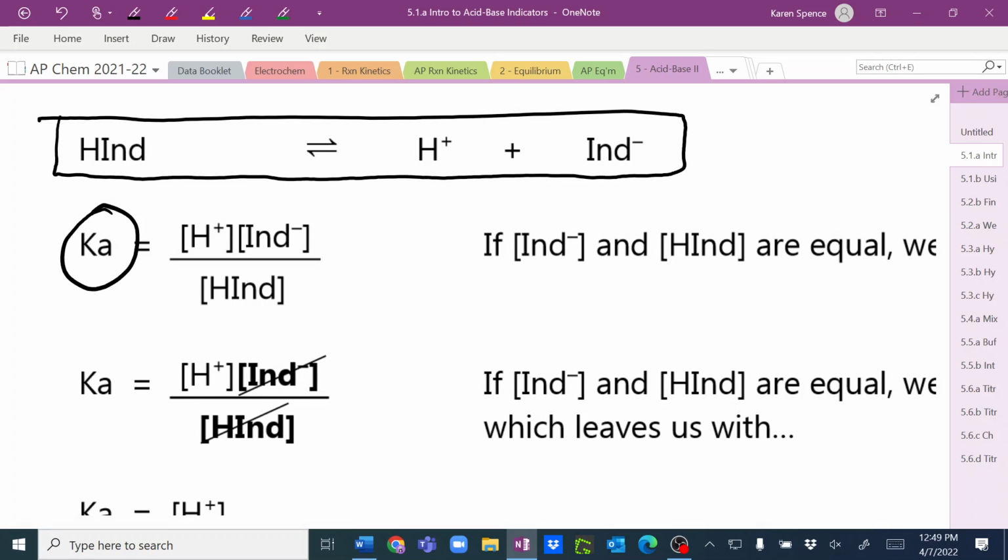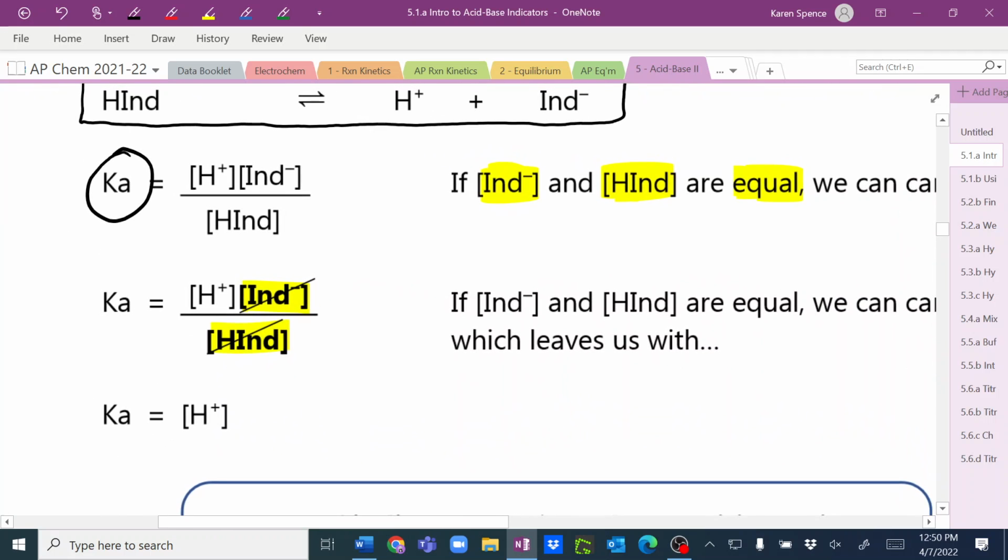At the transition point, though, remember these two are equal. And if they are equal, what can we do with them? Cancel them out. And so guess what we're left with? Ka is equal to the hydrogen ion concentration. So that means that at the transition point, when it is transitioning, your hydrogen ion is equal to the Ka.